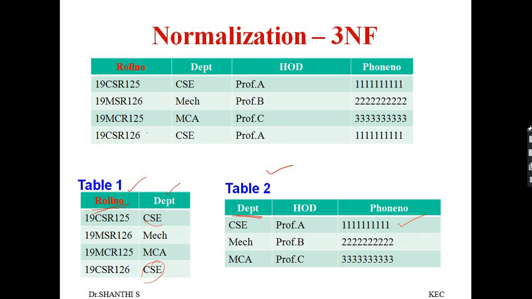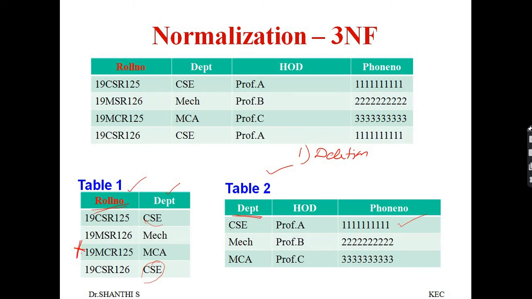Okay. So here in the first slide, if the table is not normalized, we will have different types of anomaly. The first anomaly is deletion anomaly. In deletion anomaly, we are deleting a record, student 19 MCR 125. He belongs to MCA department.